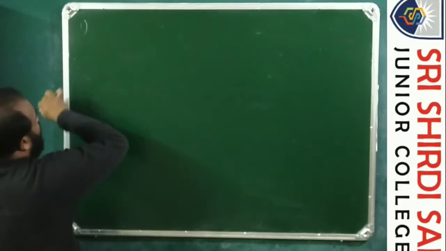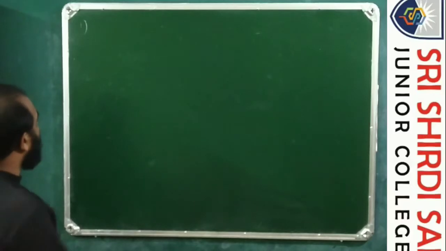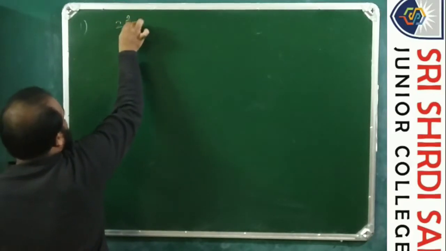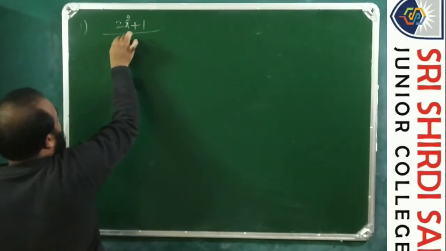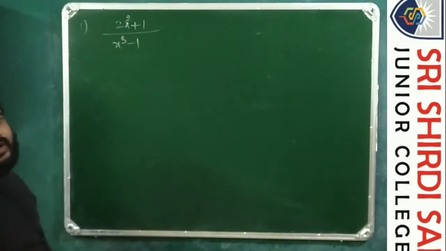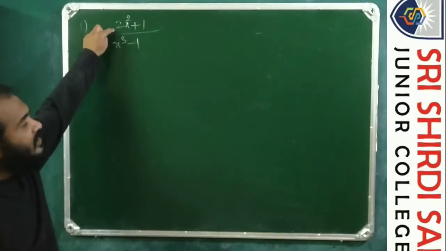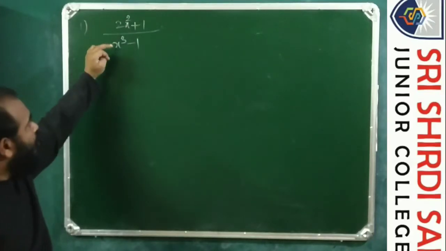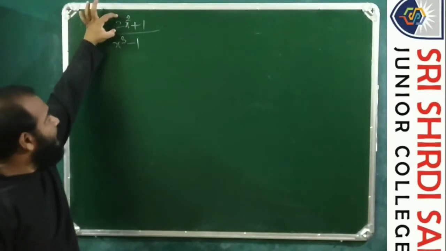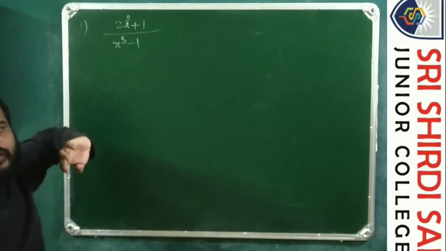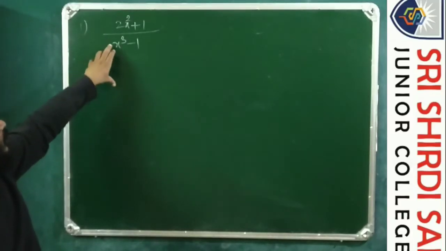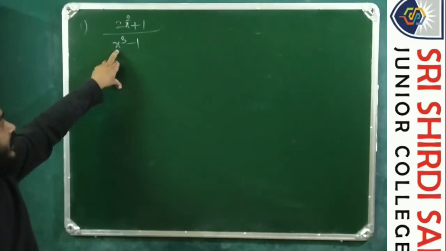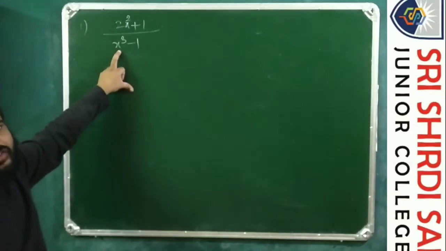Now the next question is resolve 2x square plus 1 by x cube minus 1 into partial fractions. Again this is a proper fraction with the degree of numerator 2 and degree of denominator 3. So degree of f of x is less than degree of g of x. And we have to see whether we can express this into factors or not.